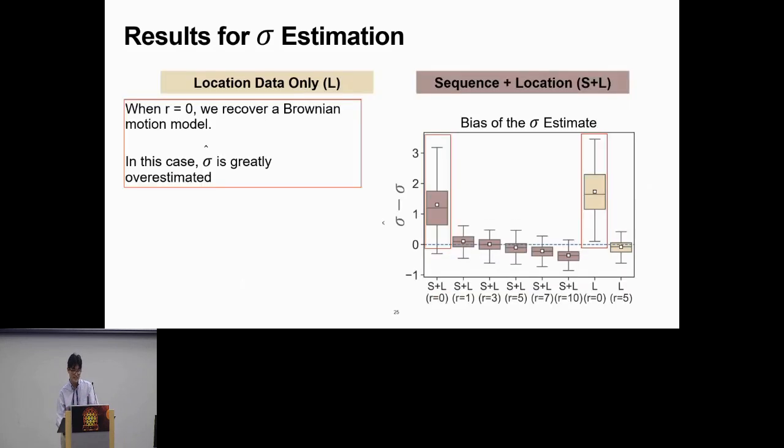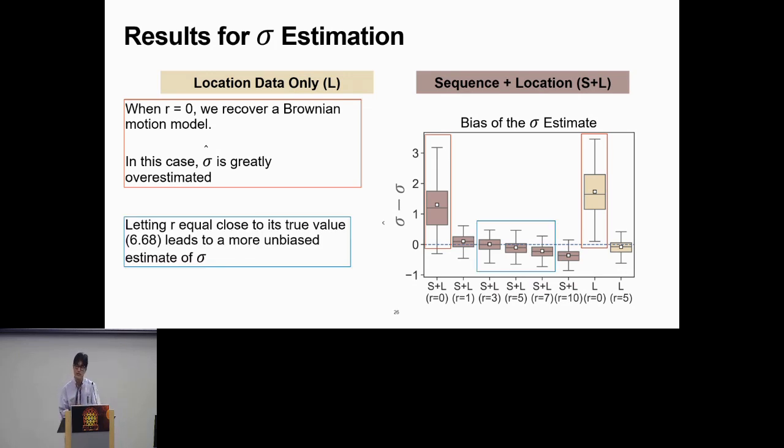To break down this plot further, observe that when r equals 0, this actually becomes normal Brownian motion since your displacement terms are all 0. In this case, it makes sense that your sigma hat estimate is greatly overestimated, since if you're not accounting for this displacement, then there is more space that Brownian motion has to account for.